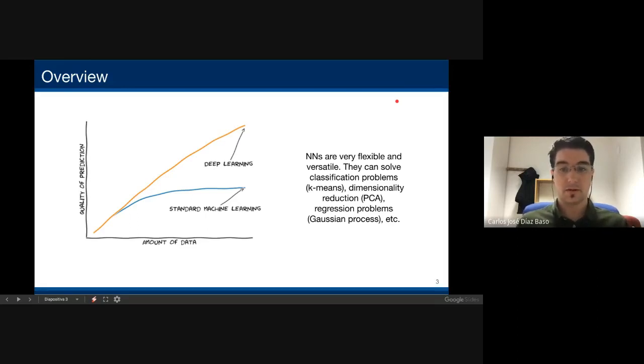For example, classification problems with k-means, dimensionality reduction with principal component analysis, regression problems with Gaussian processes. So with deep, in the sense of large and complex, neural networks, we can deal better with more data. So we can achieve also better results in general than standard techniques.